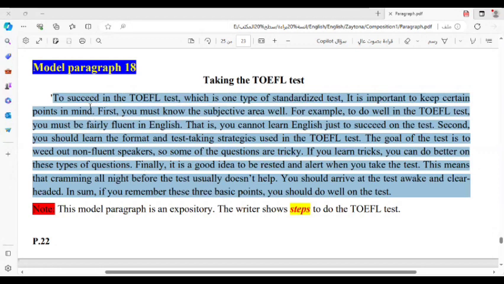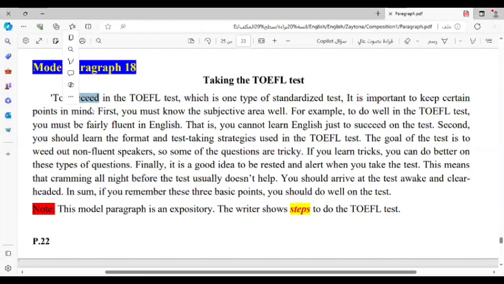To succeed, what is the meaning of succeed? To pass. Sorry, I didn't hear you. She said to pass. Yes, to pass, very good.